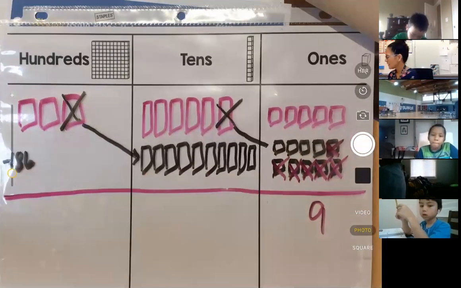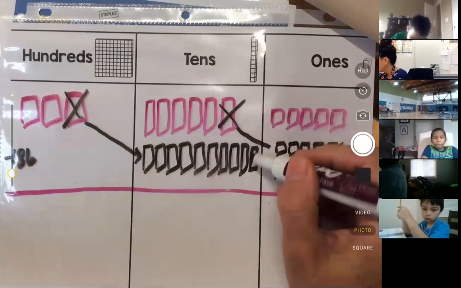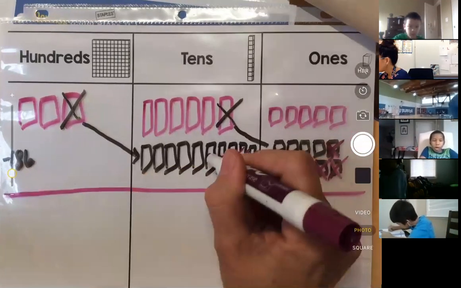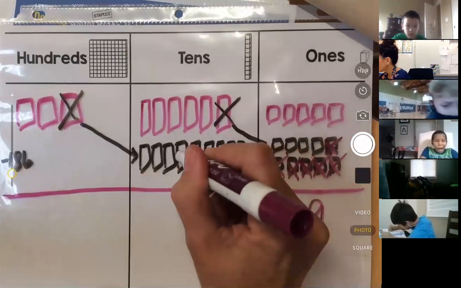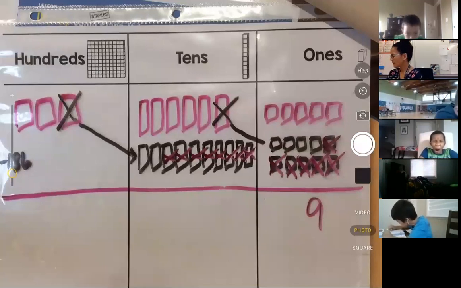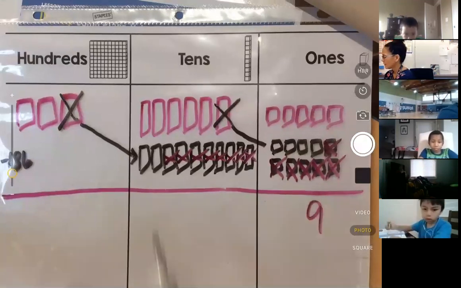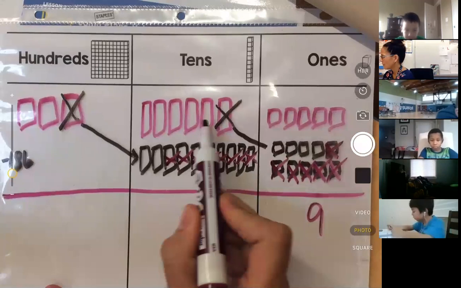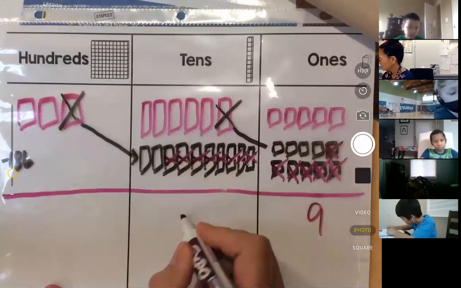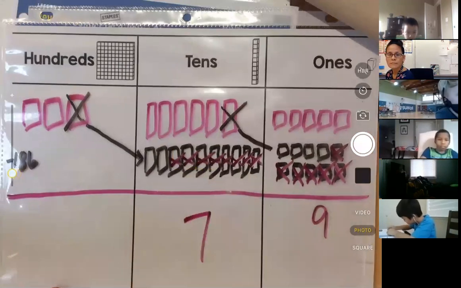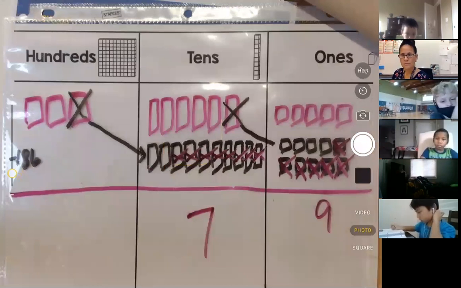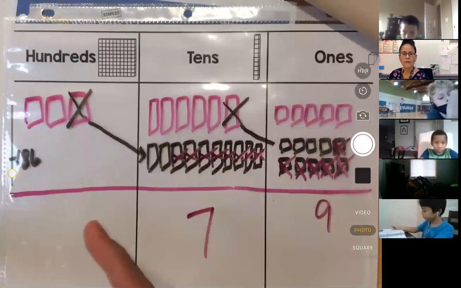So if I take 1, 2, 3, 4, 5, 6, 7, 8 away, I'm left with how many? 1, 2, 3, 4, 5, 6, 7. So great. All done with the tens place. Now I get to move on.